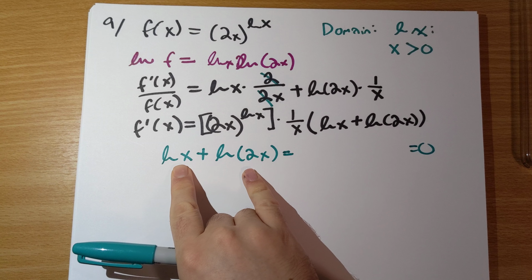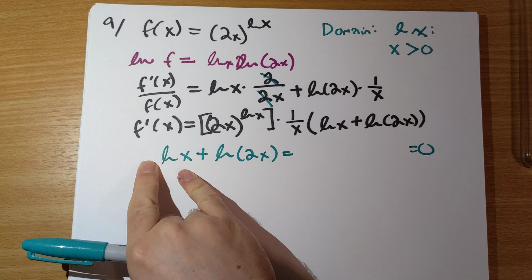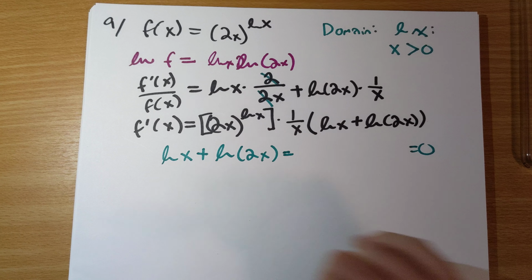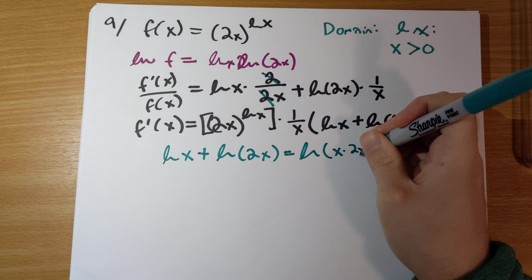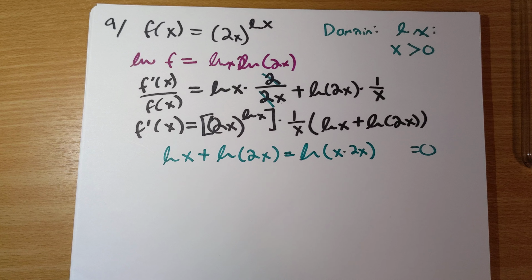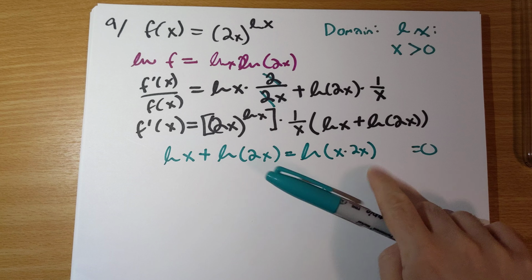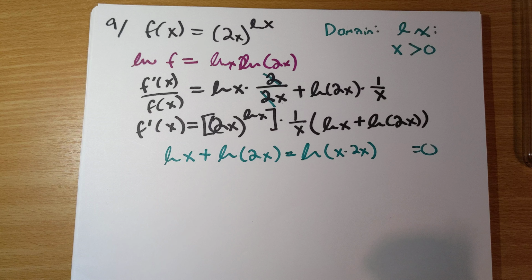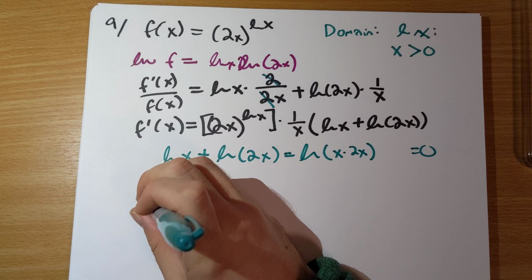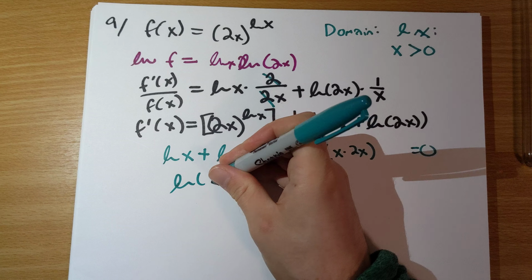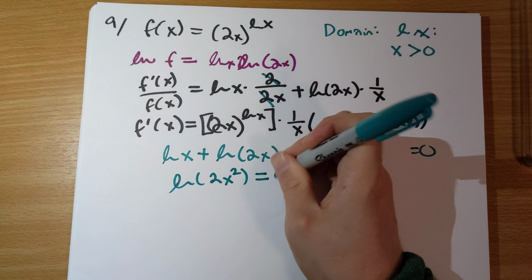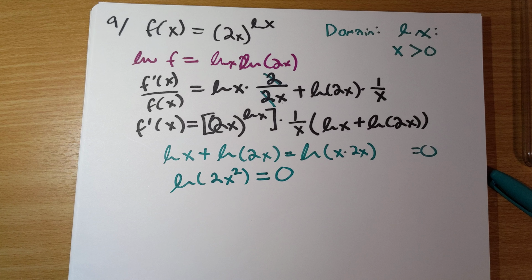Now, logarithm properties say that the sum of two different logarithms equals the logarithm of their product. So this is the logarithm of x times 2 times x, all of that equal to 0. So that is going to be the logarithm of 2x squared needs to equal 0.